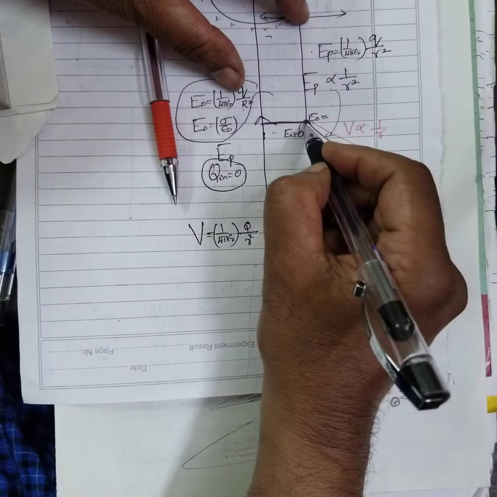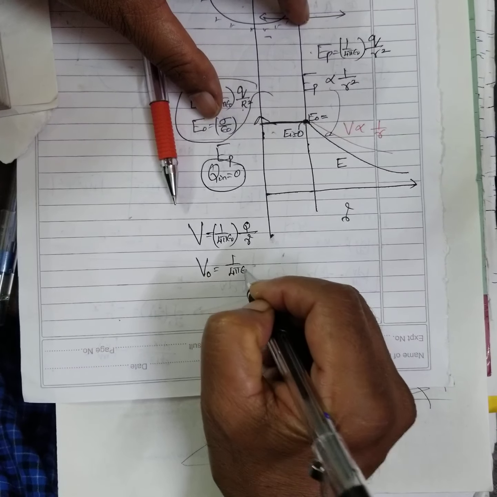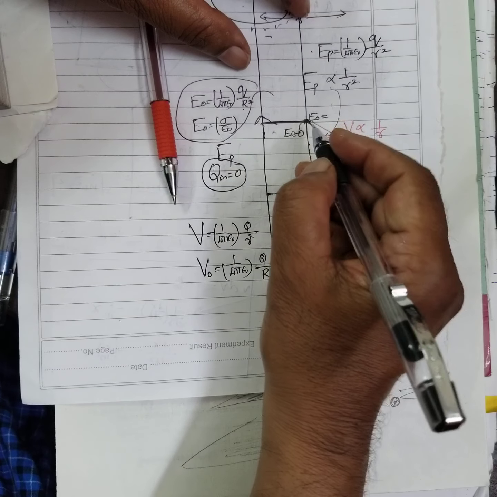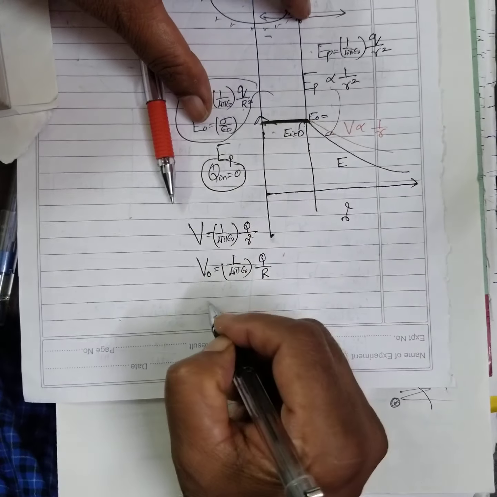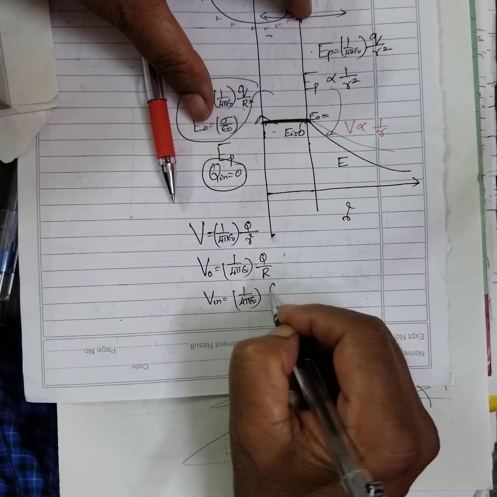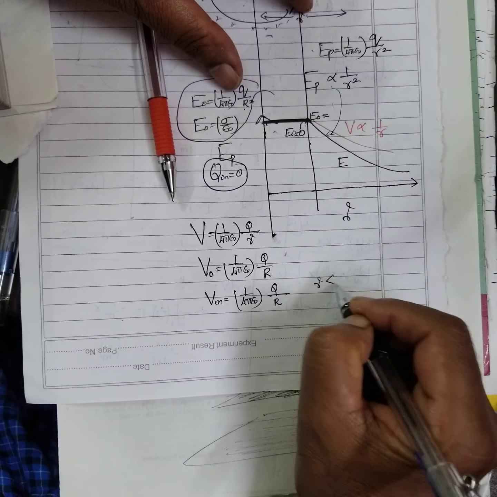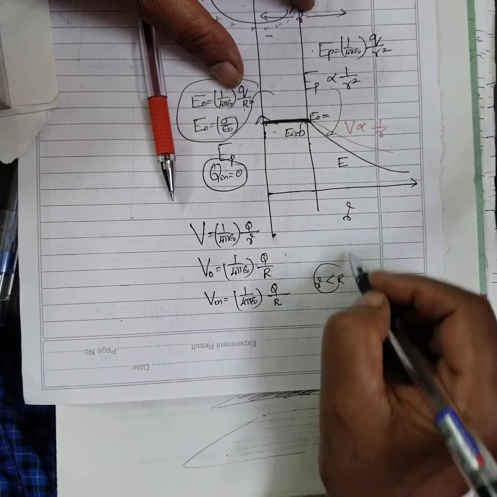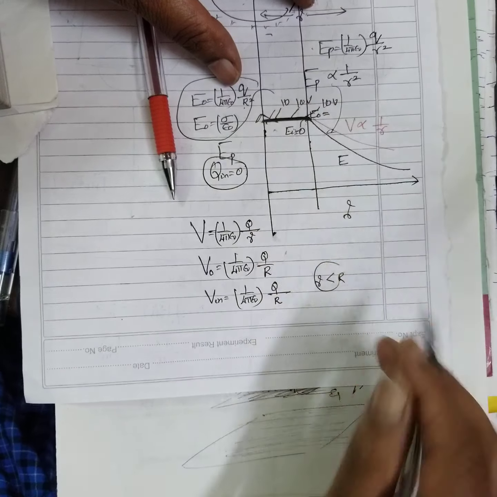But once it comes inside, the potential just outside is 1 by 4 pi epsilon naught Q by R. Inside it is the same: 1 by 4 pi epsilon naught Q by R, the same value. Even if r is less than R, the value remains constant. Suppose the potential just outside is 10 volt, here also 10 volt, here also 10 volt, everywhere.